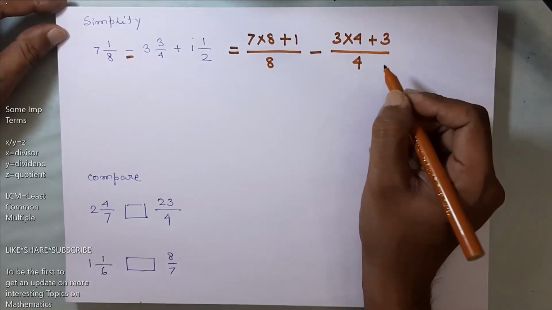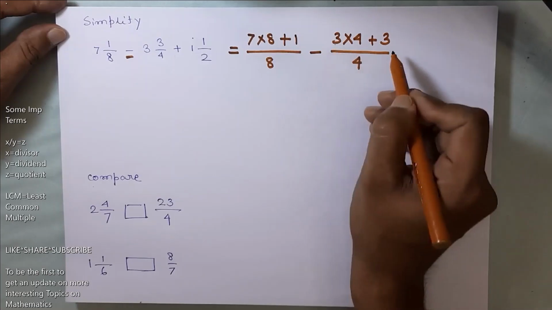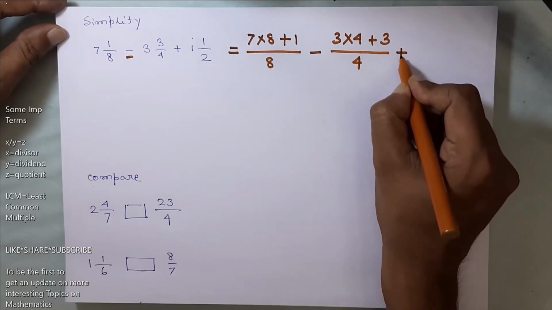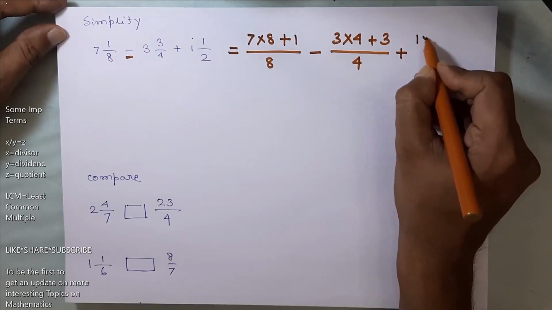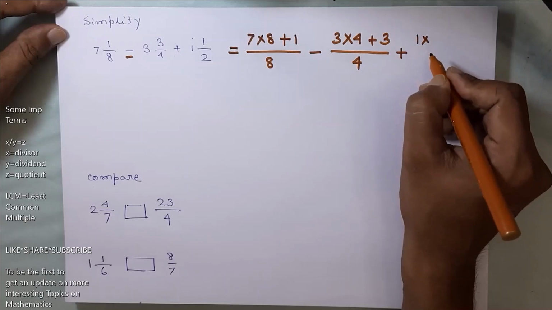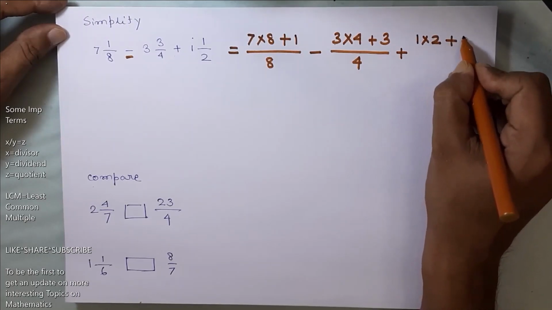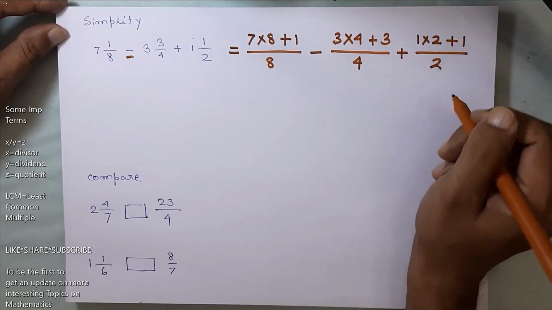We are multiplying the denominator with the whole number and then adding the numerator. Then the last mixed fraction, where the denominator will be multiplied with the whole number, which is 1 in this case, and the denominator is 2, and then we add the numerator, and the denominator will come below this line.